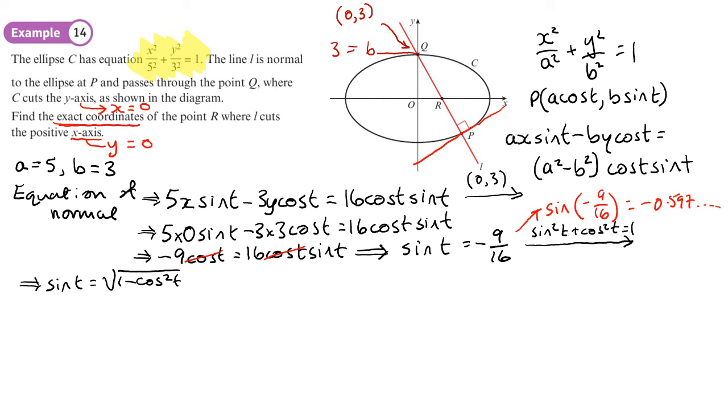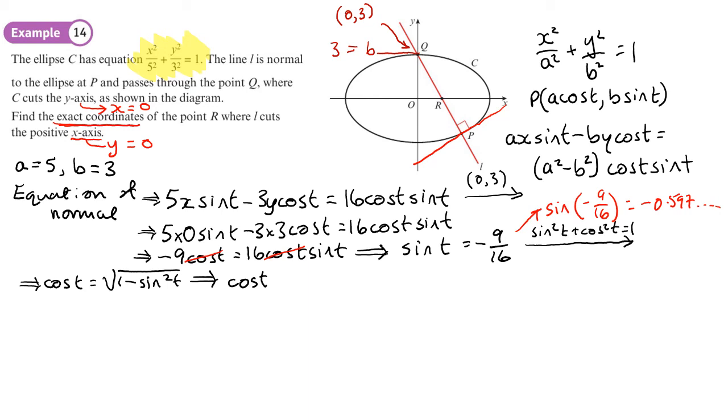And actually, if I do it the other way around, I really want cos t, don't I? So to find cos t, let's just swap those around. So cos t is the square root of 1 minus sine squared t. This will give me an exact value for cos t.